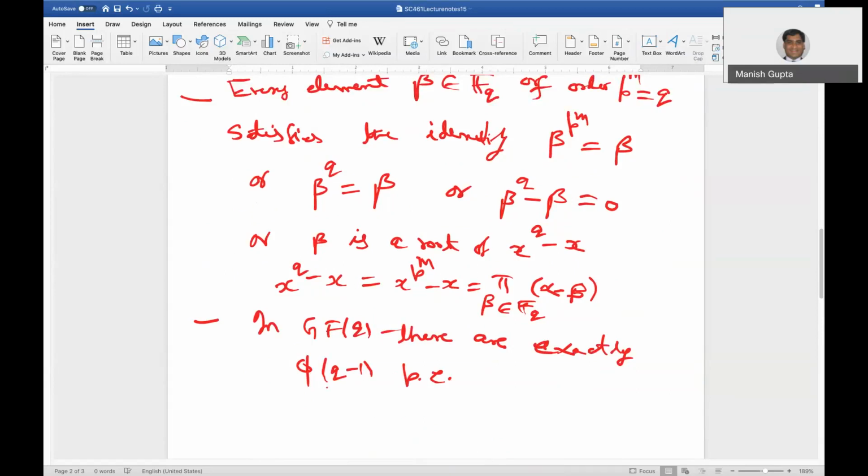Exactly phi of q minus 1. Okay. Next, a primitive element alpha is an element of order q minus 1, right? We know that the order of alpha is q minus 1. In other words, alpha raised to power q minus 1 is equal to 1.